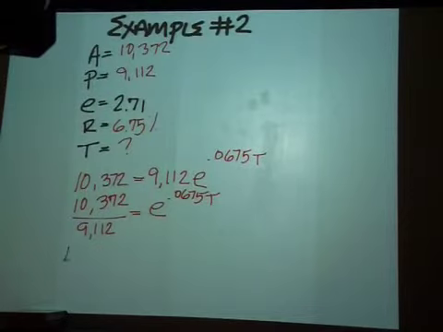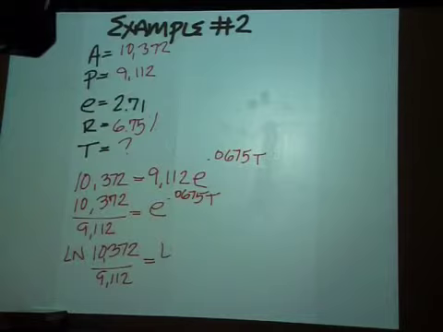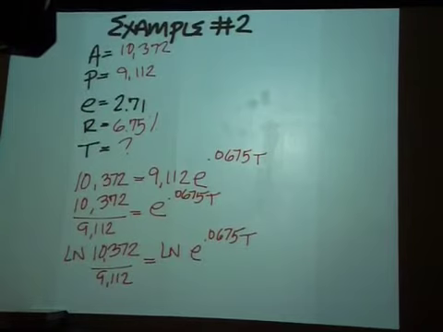We need a natural log of both sides. And on the left it would look like this. On the right it would look like this. Now the rules for logarithms say that I can move the exponent of 0.0675t out to the left.